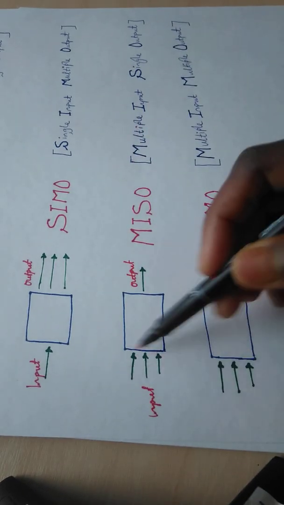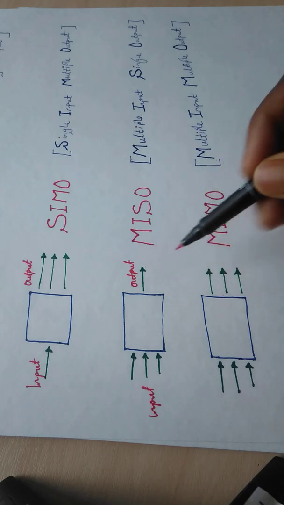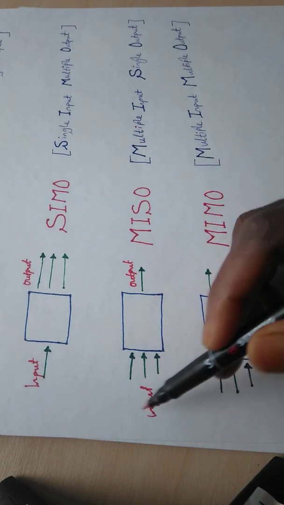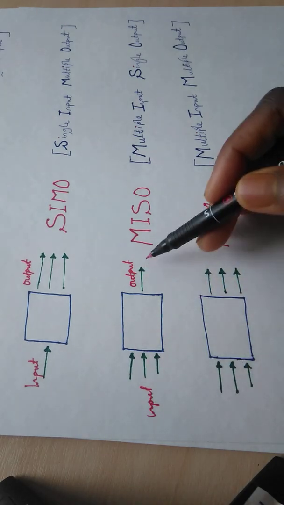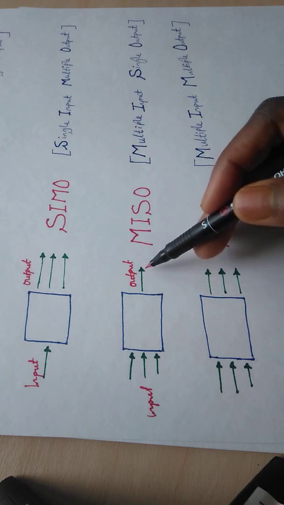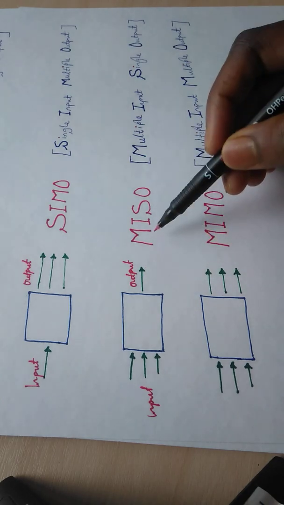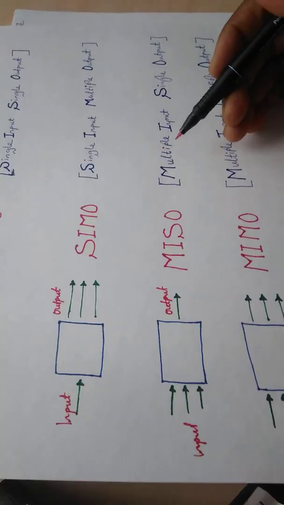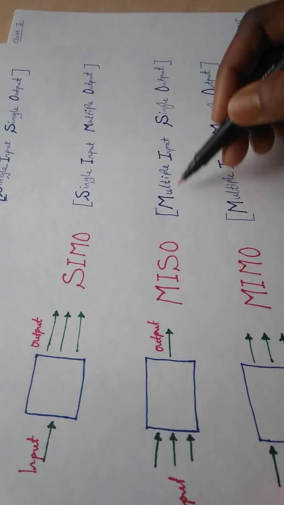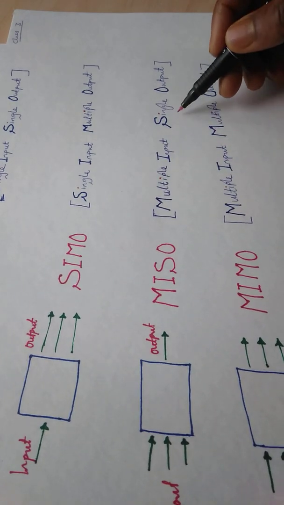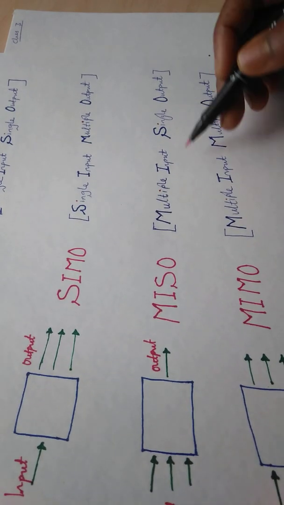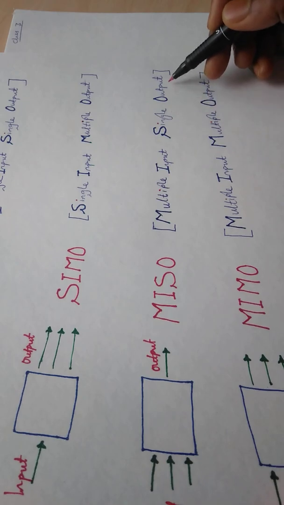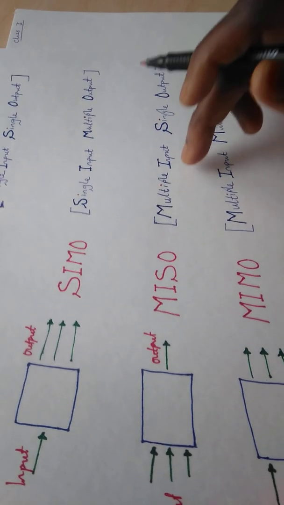So it's like a summation of all of these, a combination of all of these, and it's giving you one output. So this is what we call MISO. And what that means is that you are having multiple input and single output in this situation.